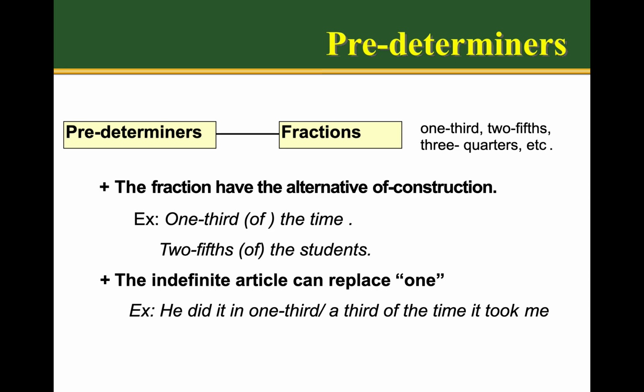The indefinite article can replace one in some situations. He did it in one-third or a third of the time it took me. In this case, a is not a central determiner. It means one, which is a kind of fraction as a predeterminer.